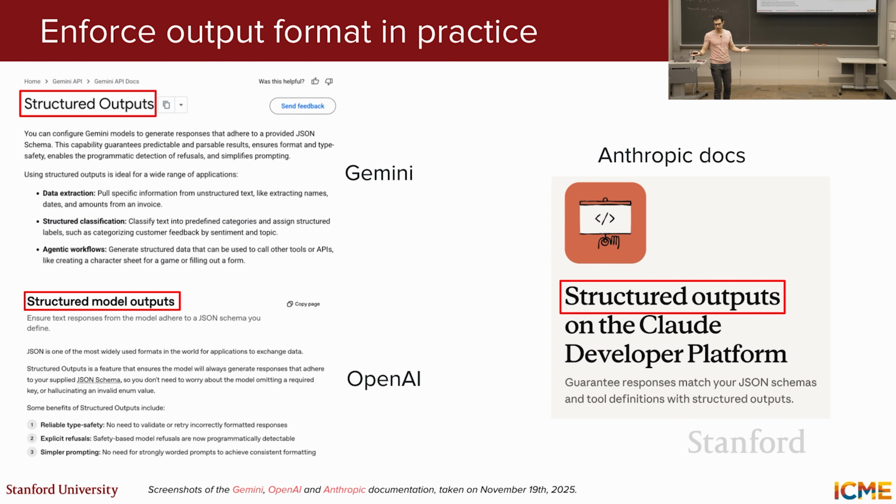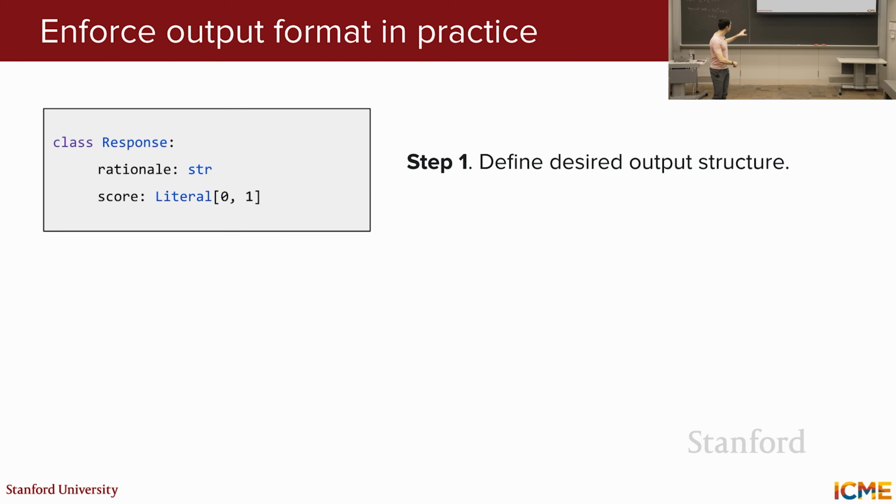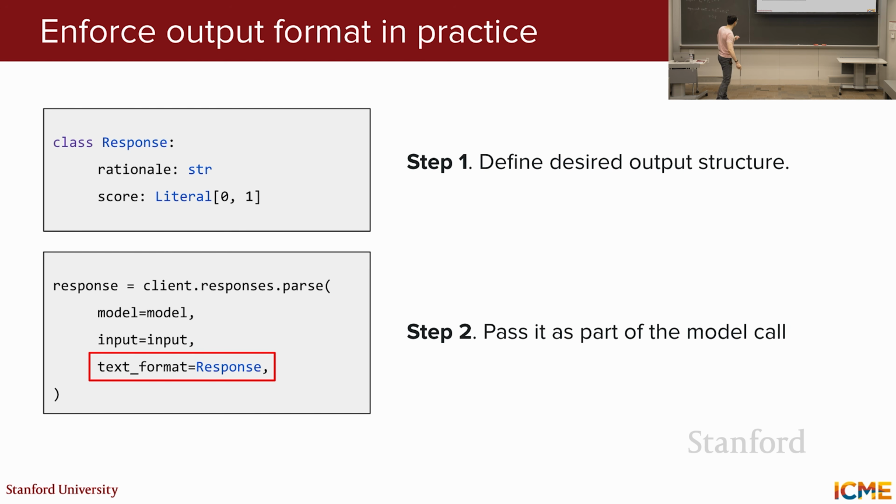So in your project, if you want to constrain the decoding process to output a response of a given format, let's suppose my format is a response, represented by a class with two attributes, rationale and score. Typically you can reference that with the argument text format equal to that representation.